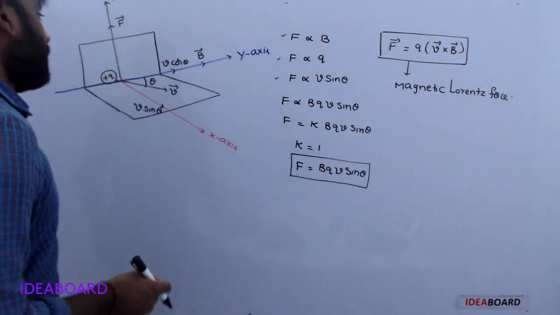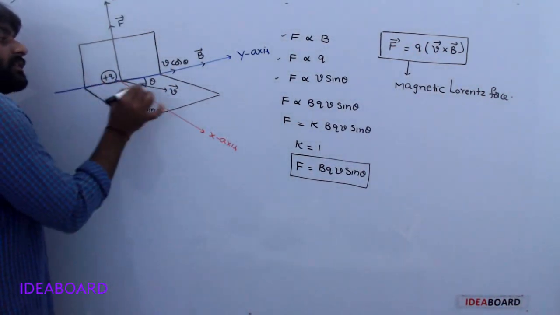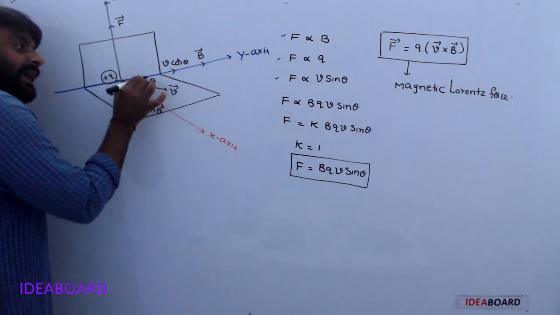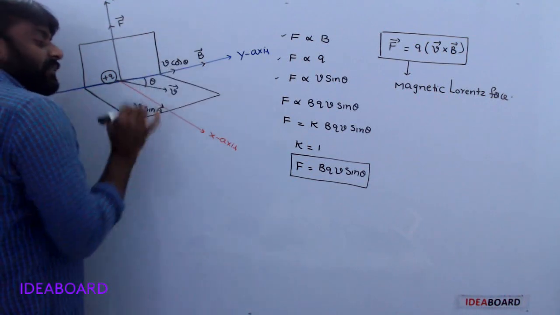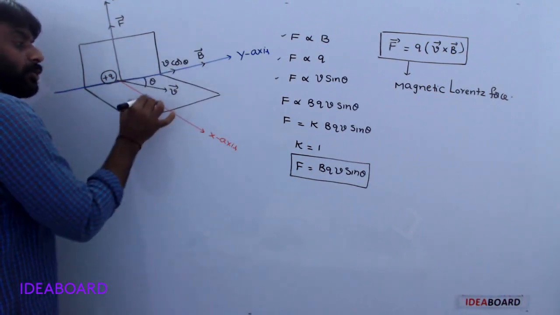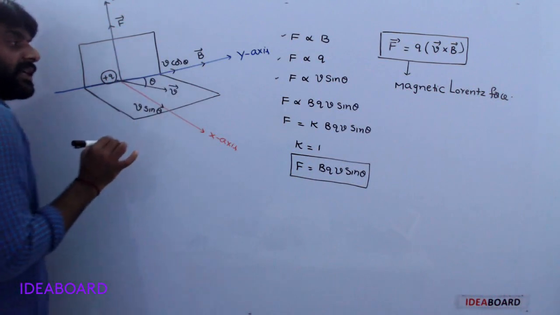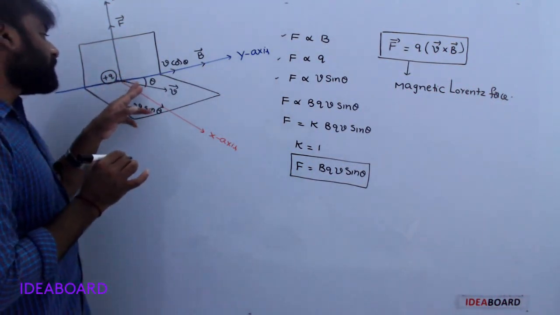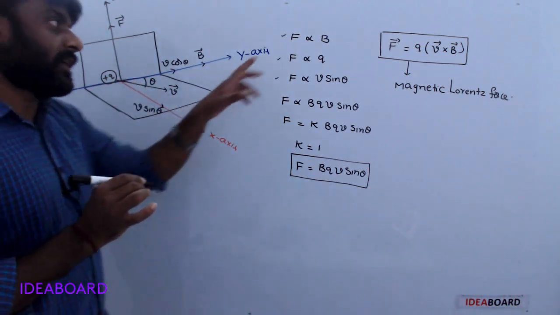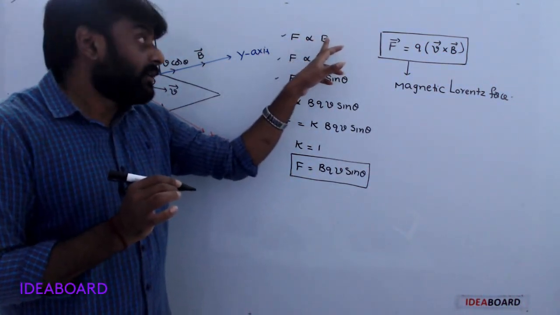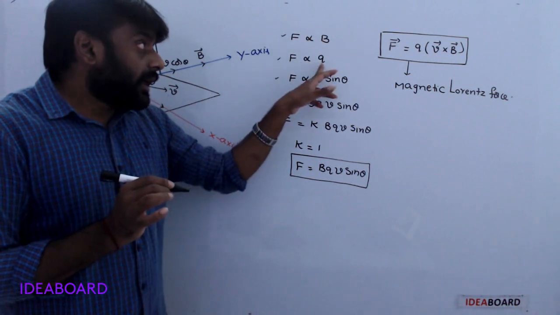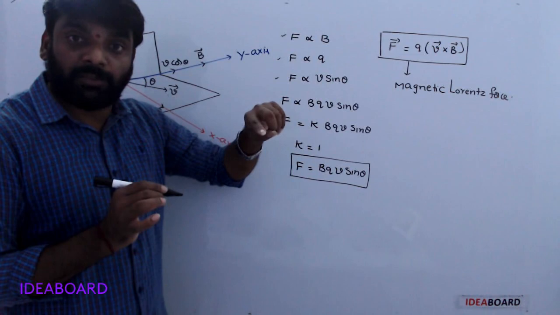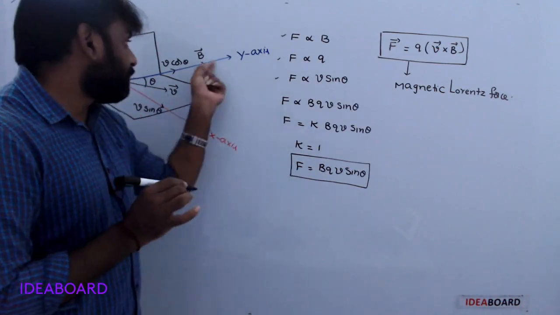So once again, a positive charge moves with velocity v. Its velocity makes an angle theta with the magnetic field and is resolved into two rectangular components, v cos theta and v sin theta. The force acting on this charged particle is directly proportional to the magnetic field, the charge, and the velocity component perpendicular to B bar.